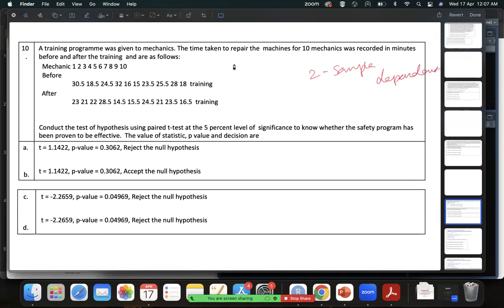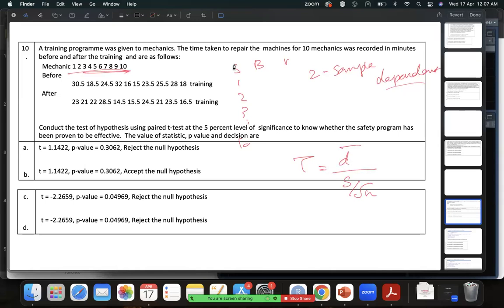Because before and after, they're talking about the same machine, 1, 2, 3 to 10, and before value, after value. So these are dependent samples. So in this case, you would be using this formula. T is equal to D bar by standard deviation divided by root 10.